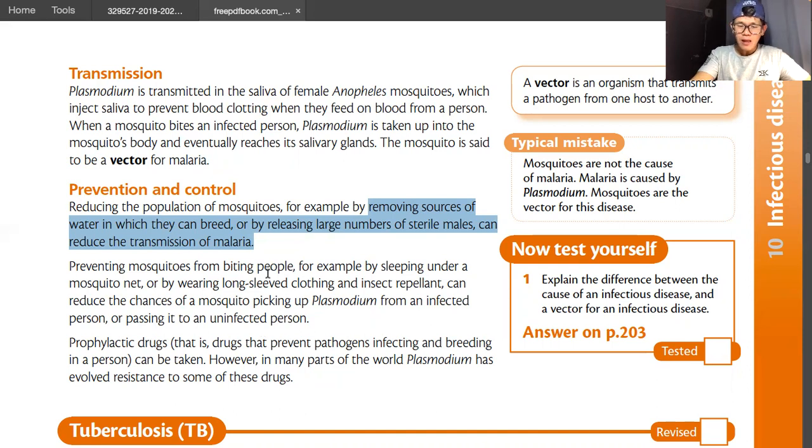Right? Another way is also methods of preventing mosquitoes from biting people.